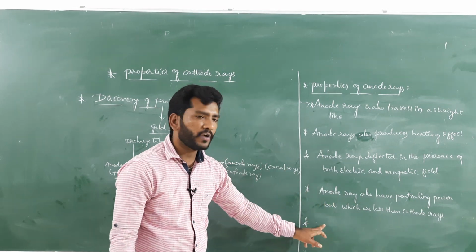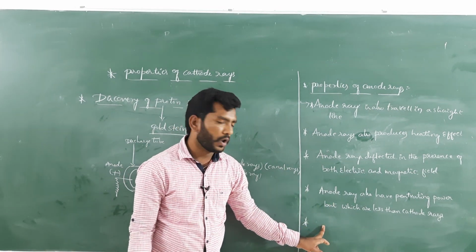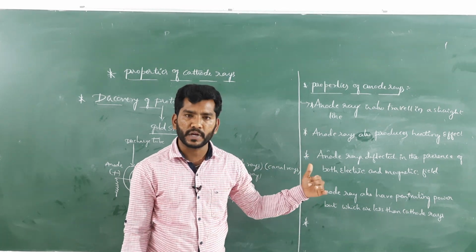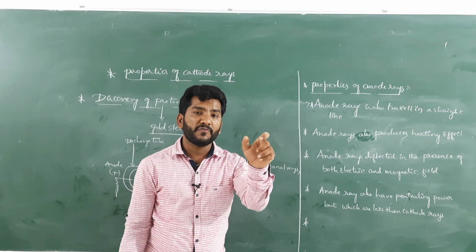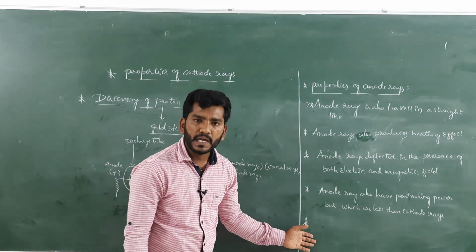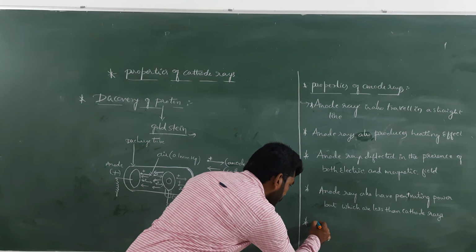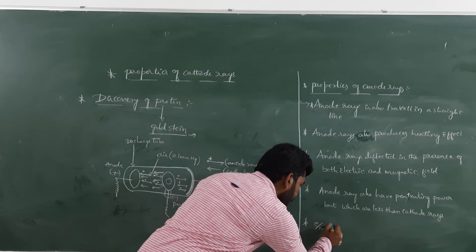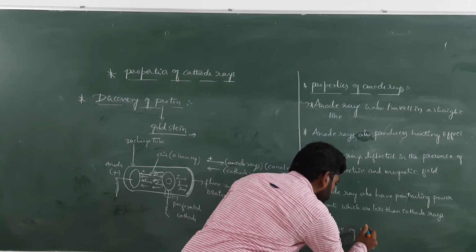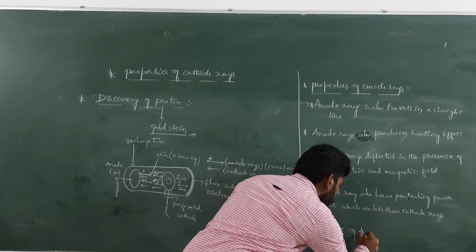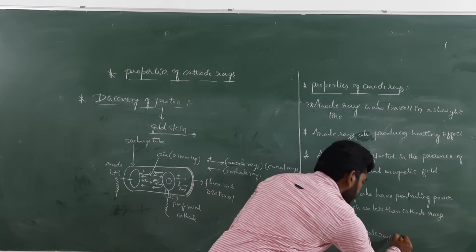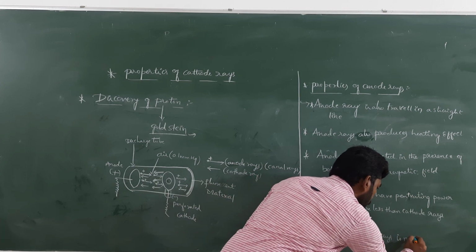That's why their e/m value cannot be constant. It has to vary from one gas to another gas. So that's why the e/m value of anode rays is not constant.